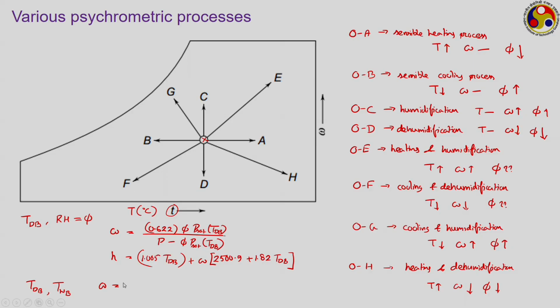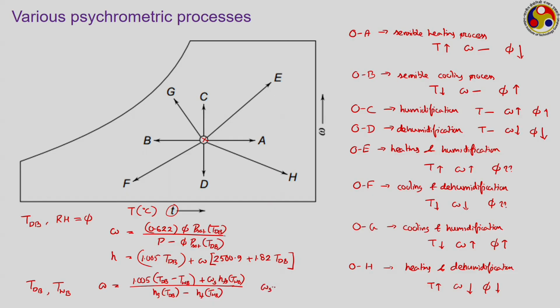Remember the mathematical analysis that we performed for the adiabatic saturator. There omega was obtained as Cp for dry air, 1.005, into T dry bulb minus T wet bulb, plus omega s into hfg corresponding to the wet bulb temperature, divided by hg corresponding to the dry bulb temperature minus hf corresponding to the wet bulb temperature.